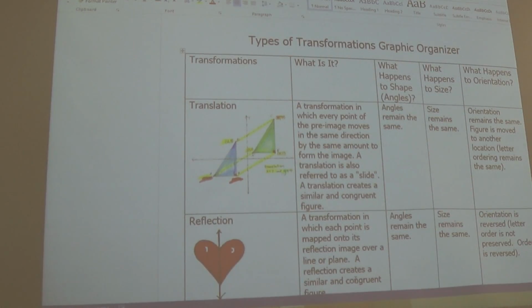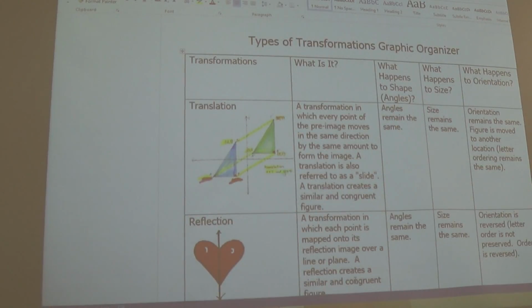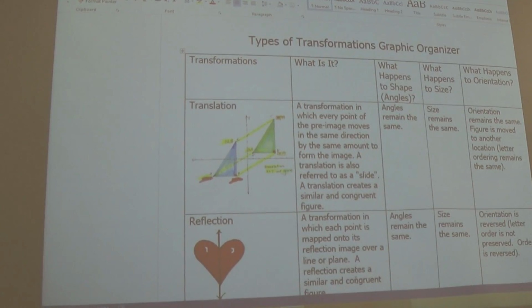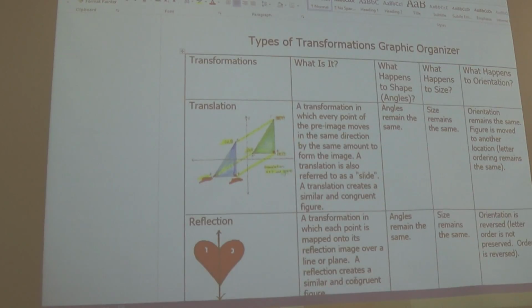So it's isometric, it has isometry to it because it does not change size and shape. So the angles remain the same. The size remains the same all around. And the orientation remains the same. The figure is just moved from one location to another, and all the lettering remains the same.